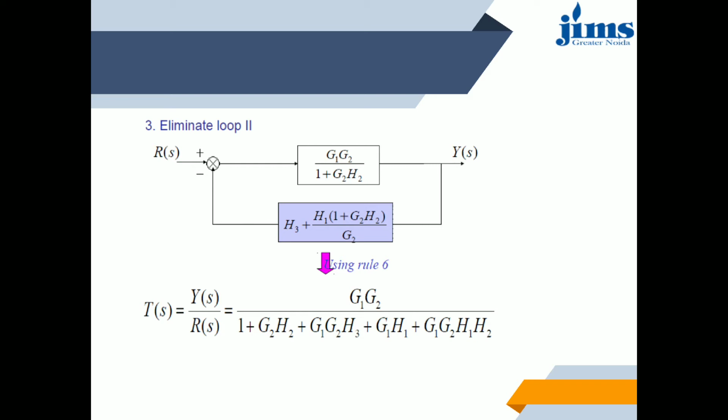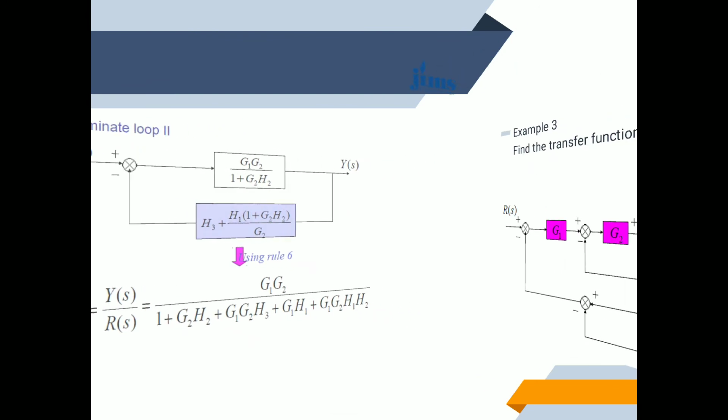So we'll be having a system with the gain upon 1 plus gain into feedback. So overall transfer function Y(s) over R(s) will be G1 G2 divided by 1 plus G2 H2 plus G1 G2 H3 plus G1 H1 plus G1 G2 H1 H2.